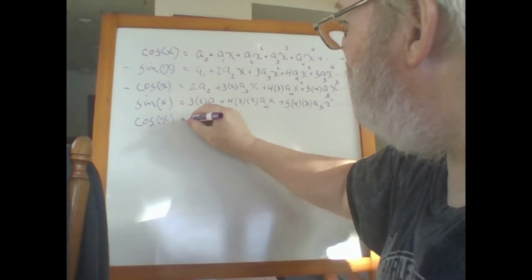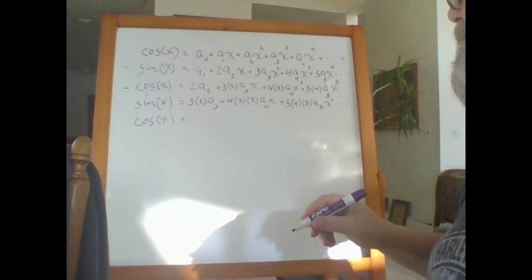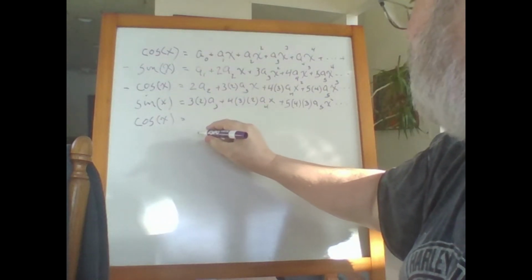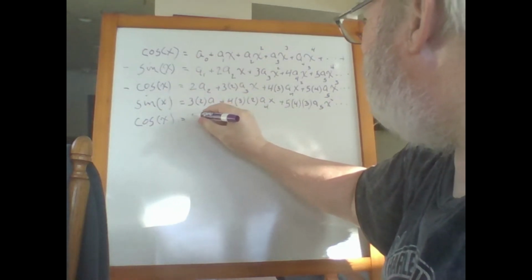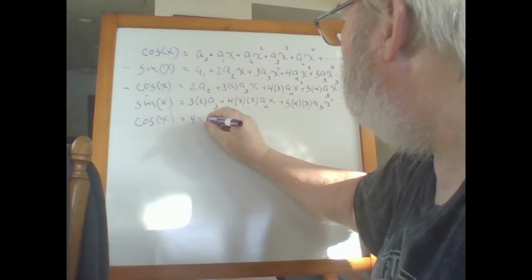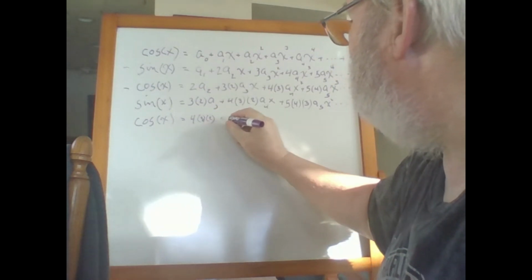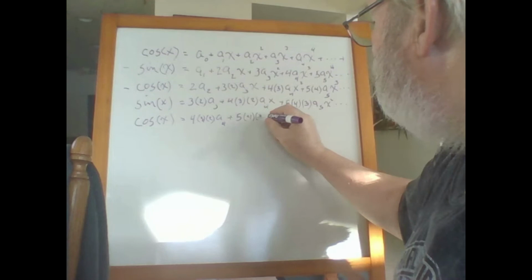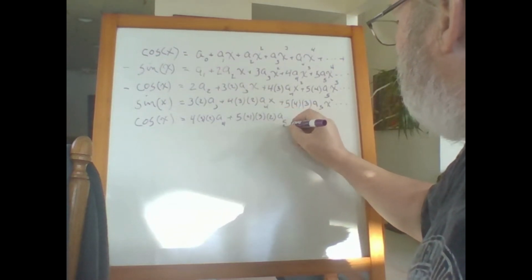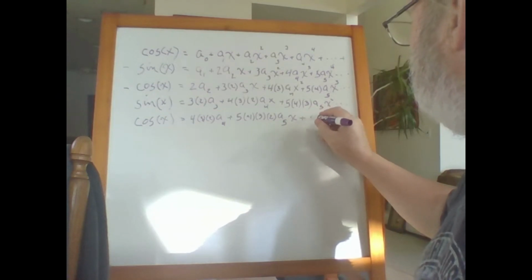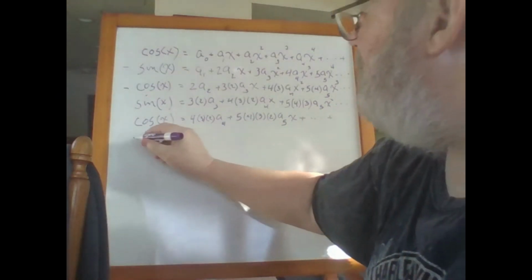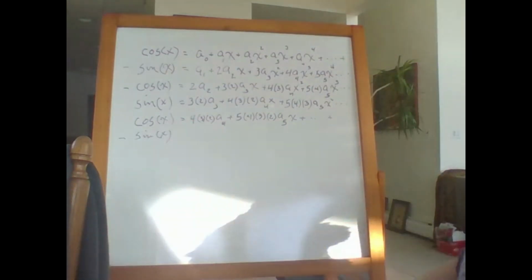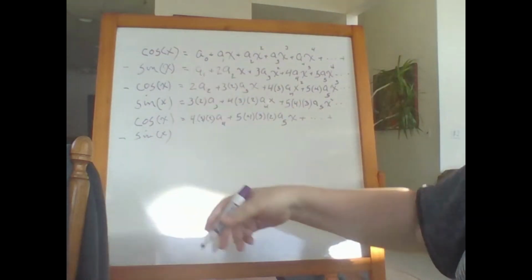Okay, so here we have cosine of x is, we got to take a look at these derivatives. 4 times 3 times 2 a4 plus 5 times 4 times 3 times 2 a5 x plus, and here we have minus sine, the next derivative, and we can go on how many times we want, just taking more and more derivatives.